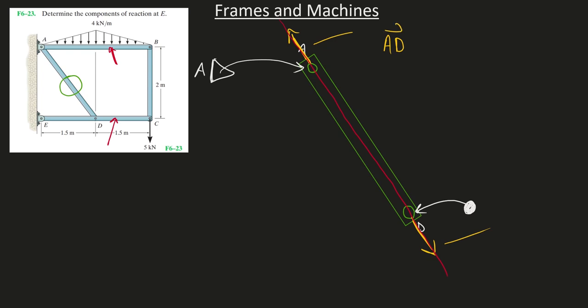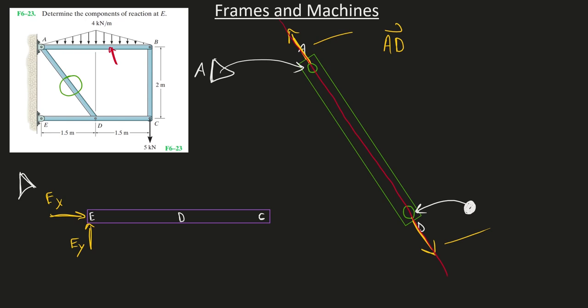But for our non-two-force members, like EDC for instance, all we can say about this is that the pin support at E will put one force on EDC, and this one force will have 2 components, which we'll call EX and EY.